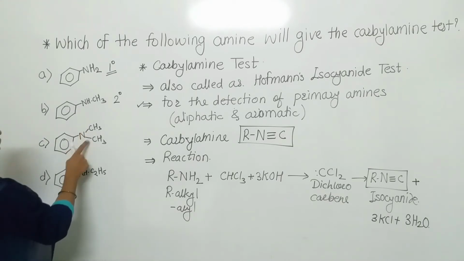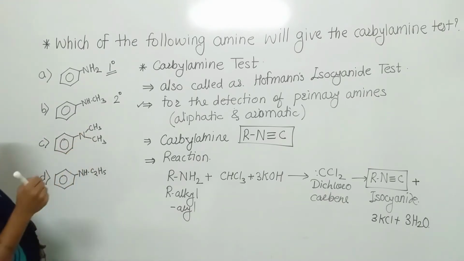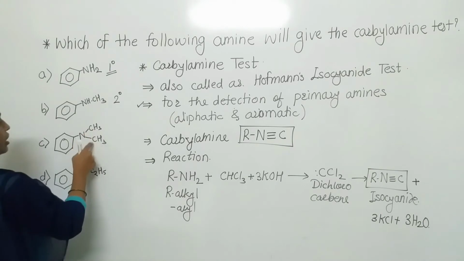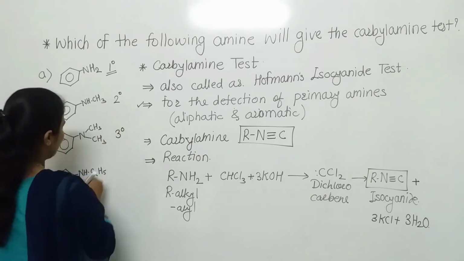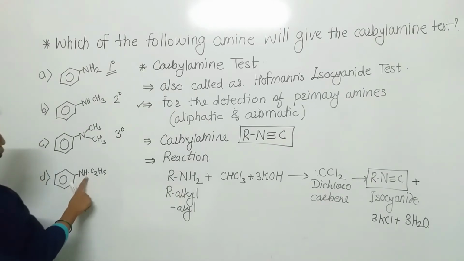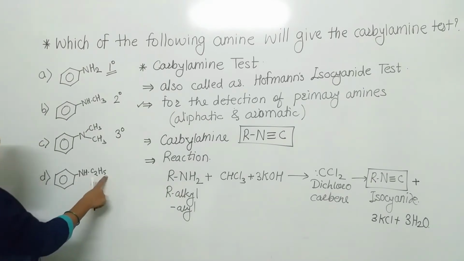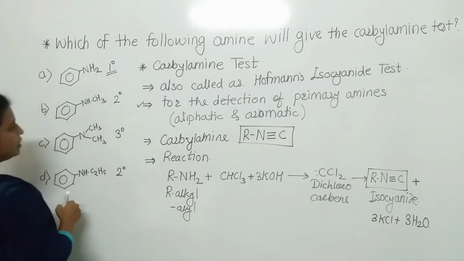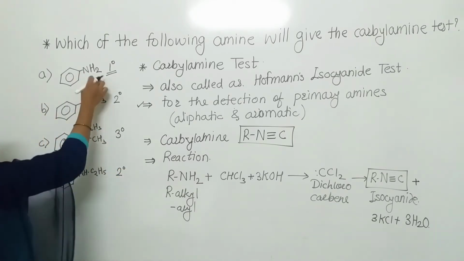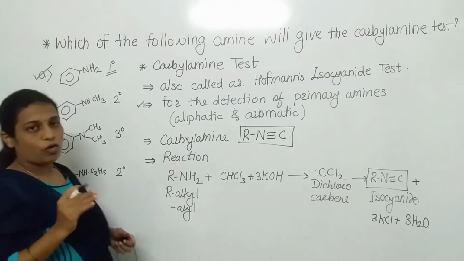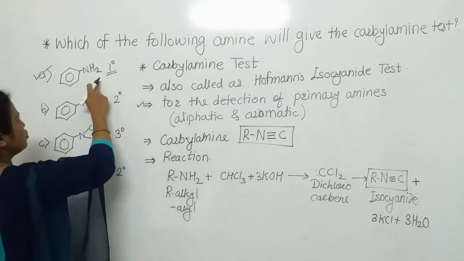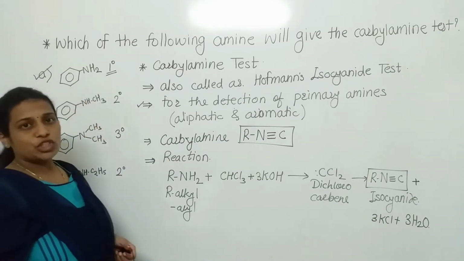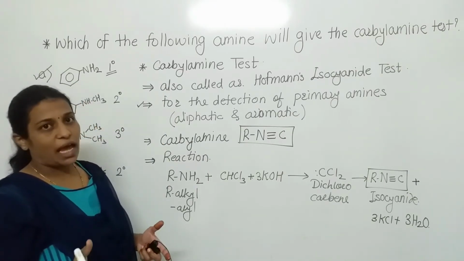In the third, all 3 hydrogen atoms of ammonia are substituted by 2 alkyl and 1 aryl, means this is a tertiary amine. And here again 1 hydrogen is replaced by ethyl and 1 by aryl, means this is a secondary amine. The first option is the only primary amine, and that's why the carbylamine test will be given by option A, that is aniline.